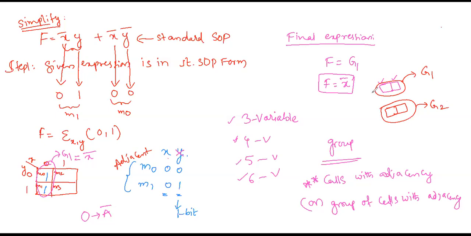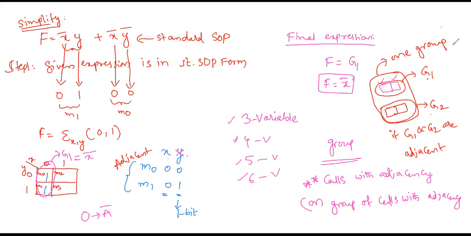Now consider these two as single cells. G1 is one cell, G2 is one cell. If G1 and G2 are adjacent, you can combine these four as one group. G1 has 2 cells, G2 has 2 cells.